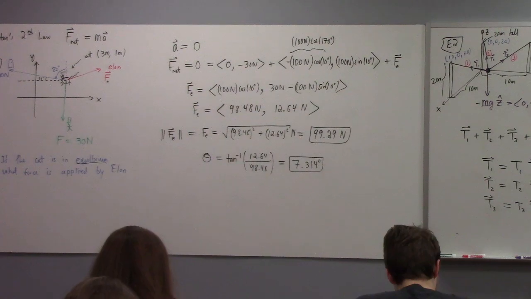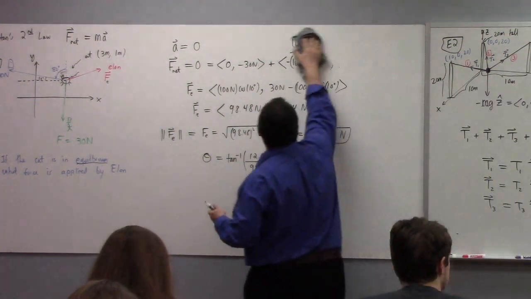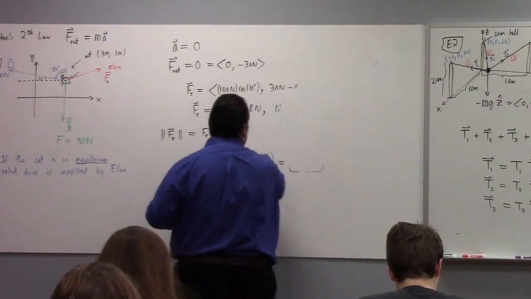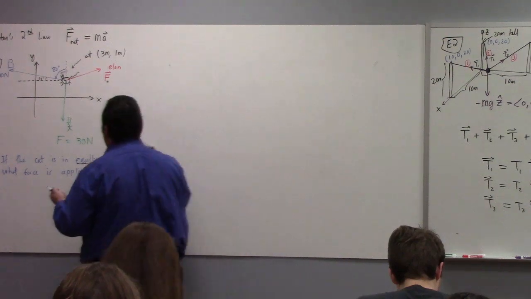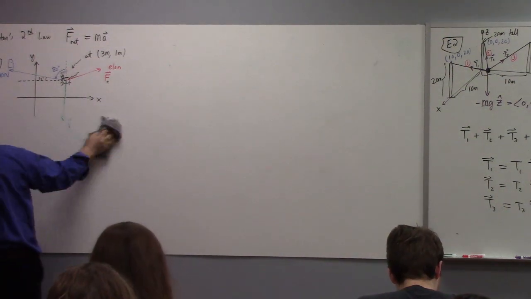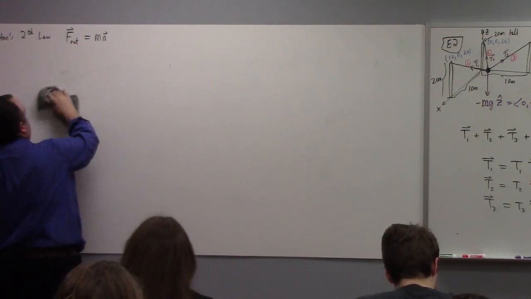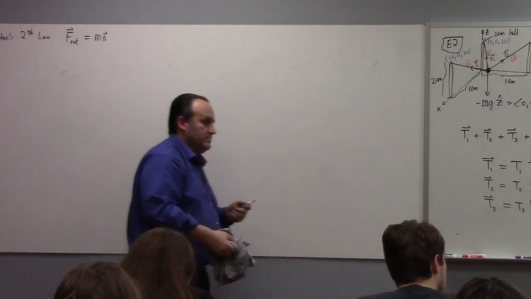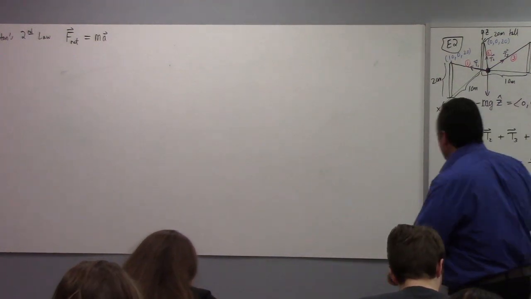Let's see here, another example. All right, I think we've done enough equilibrium examples. Let's do some non-equilibrium examples. Example 4.